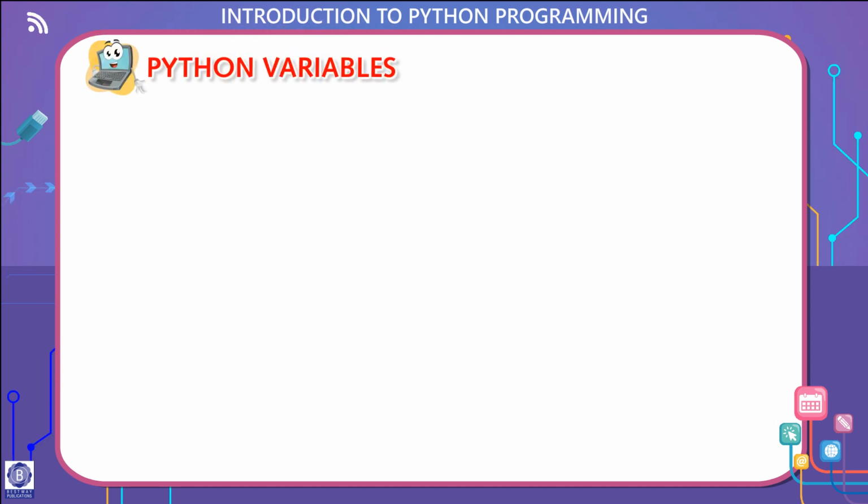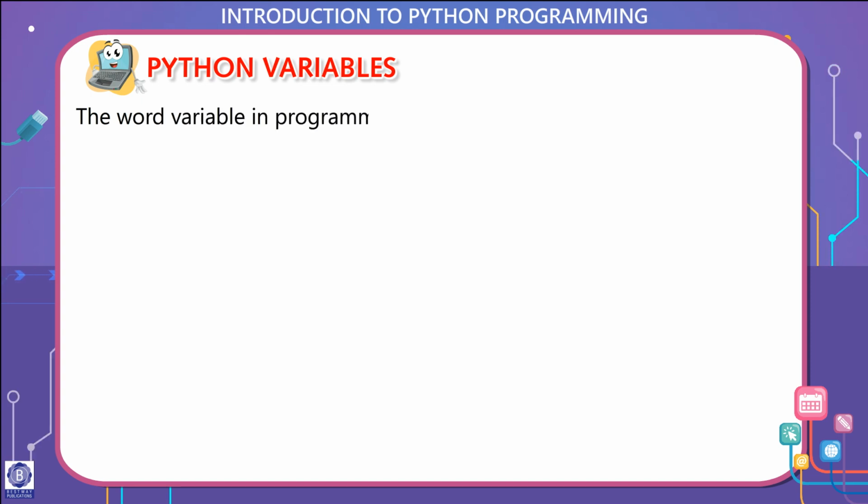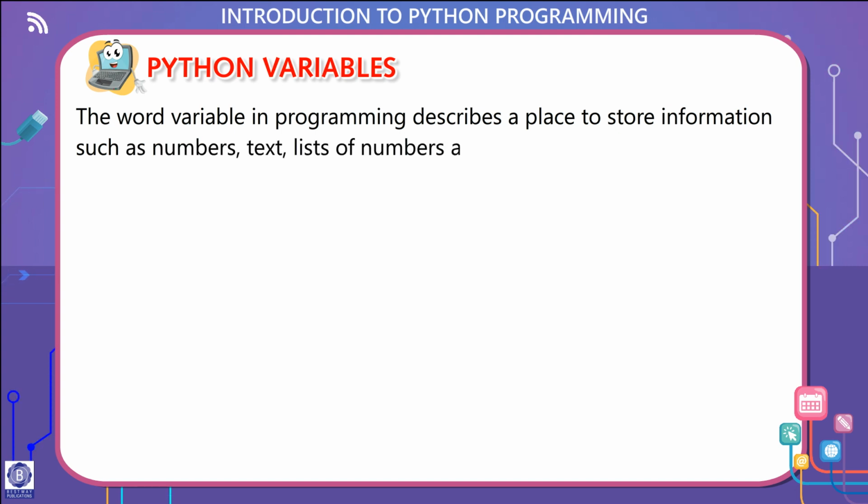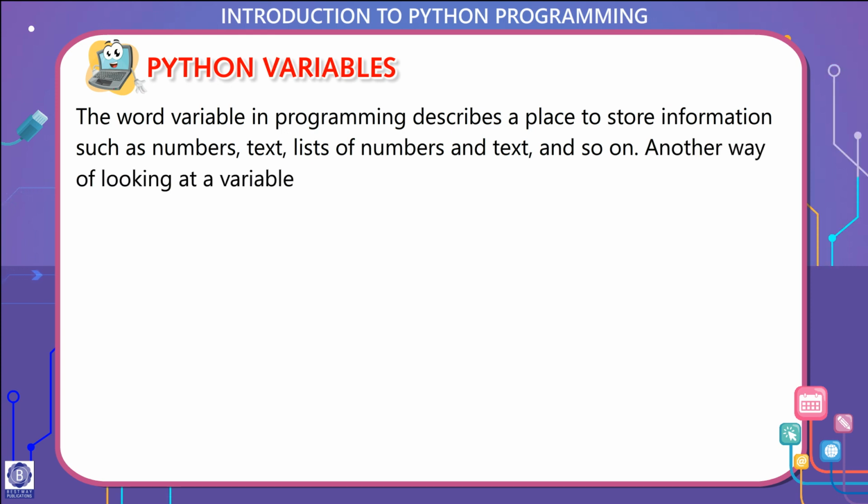Python variables. The word variable in programming describes a place to store information such as numbers, text, lists of numbers and text, and so on. Another way of looking at a variable is that it's like a label for something.